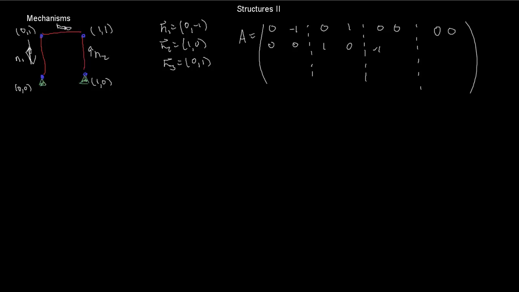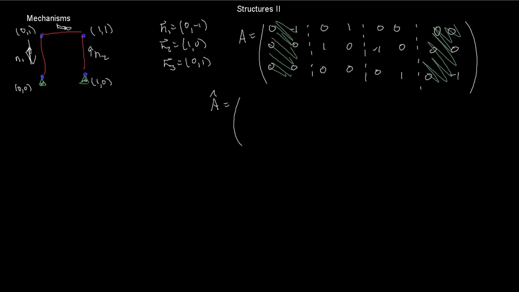And then in the second row, I put n2 and minus n2, and it goes between the second and third column pairs because the second bar corresponded to between the second and third nodes, and similarly for n3. But the thing is that I fixed the first and fourth nodes. So the whole first and fourth pairs of columns, I don't need them. I kill them, scratch them out in green.